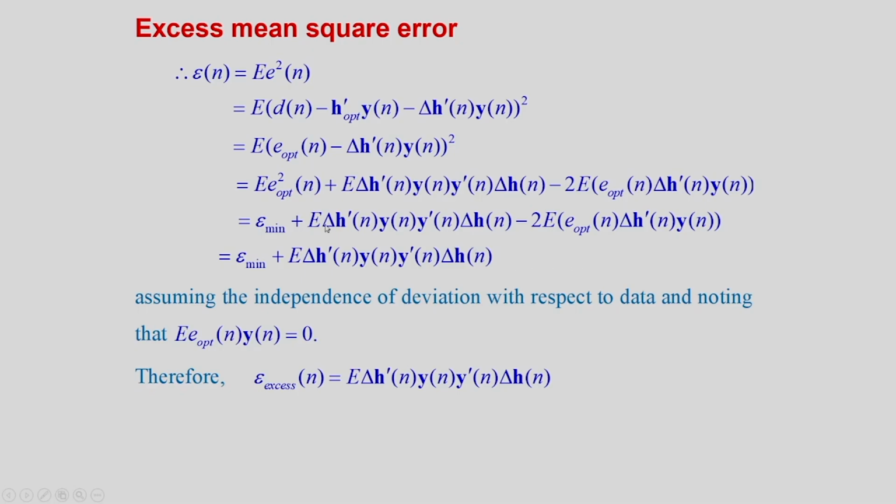So, that way we get the mean square error of the Wiener filter plus E of delta H n into y n transpose into delta H n, minus 2 times E of e n into delta H n transpose into y n.